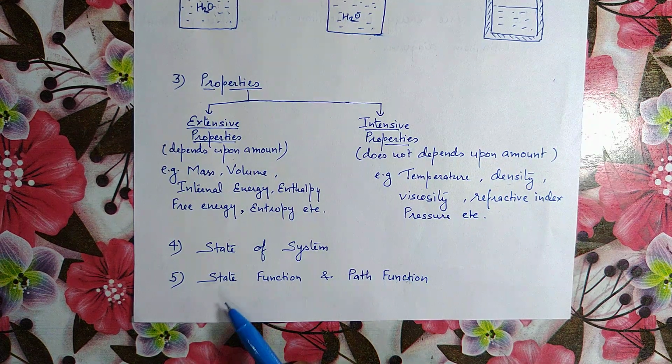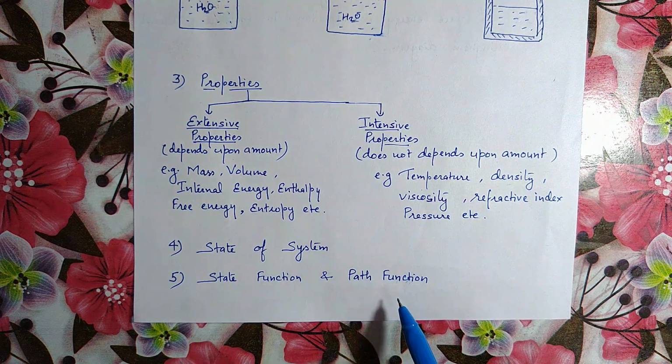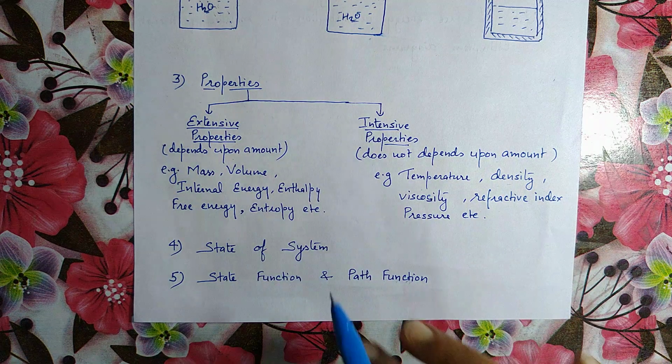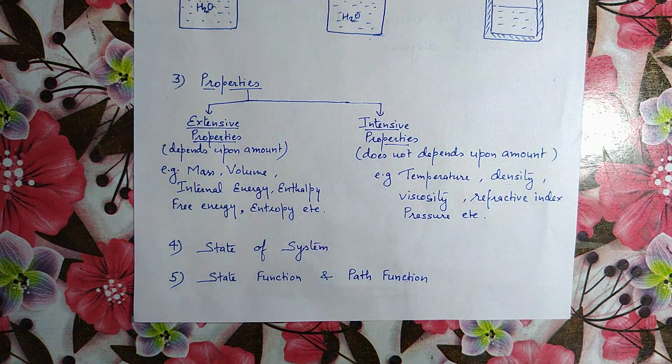Then come to the next term, that is state function and path function. What is a state function? Those variables which depend on the state of the system and not on the path through which it has been brought to that state.